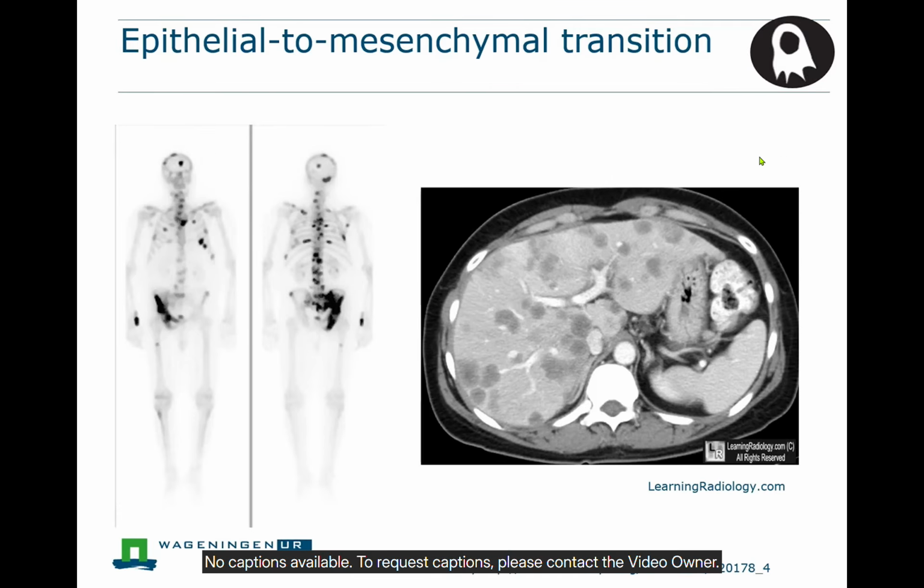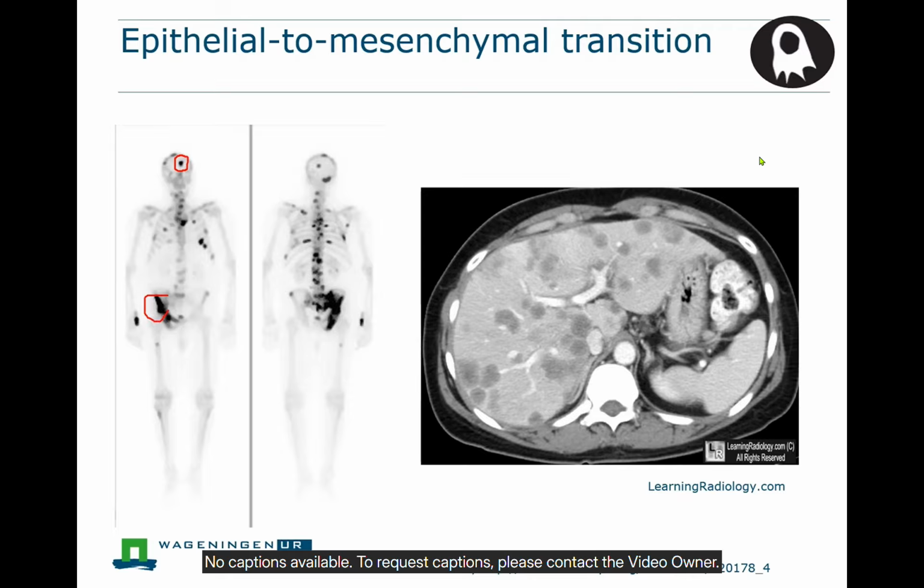The effects of epithelial to mesenchymal transition, as well as the invasion metastasis cascade, are also clearly visible in these pictures. So what we see on the left is a bone scan of a patient with prostate cancer. And as you might remember, prostate cancer tends to form a metastasis in the bone, which is also clearly visualized as these dark dots shown over here, and all these other spots.